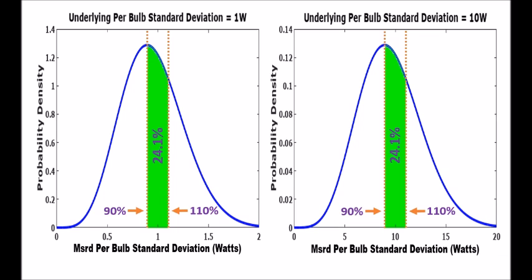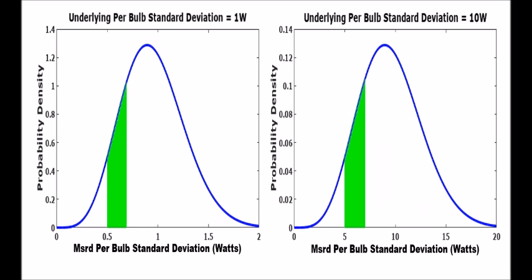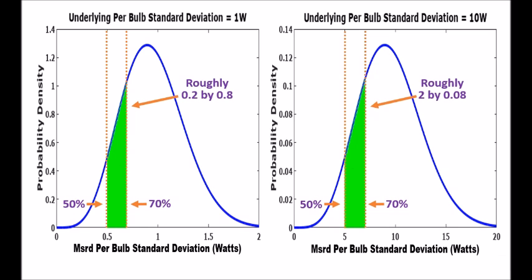Well, we can use the area from 0.5 to 0.7 for the low deviation case, or the area from 5 to 7 for the high standard deviation case. And again, you should see that both probabilities are identical. The high deviation case is 10 times wider and 10 times shorter, and both cases have the same basic shape.